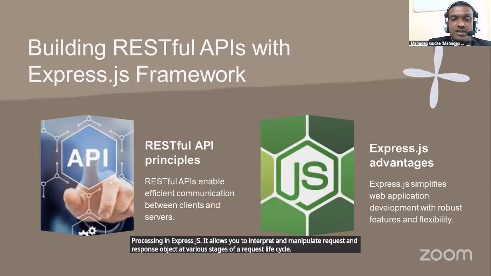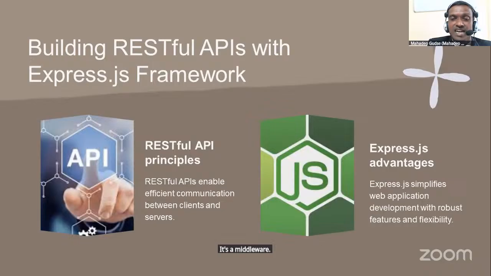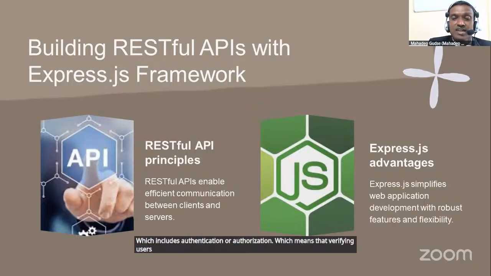Middleware can be used for a wide range of tasks, which includes authentication and authorization, which means verifying users' credentials and permissions. So users can be verified for their credentials as well as permissions.